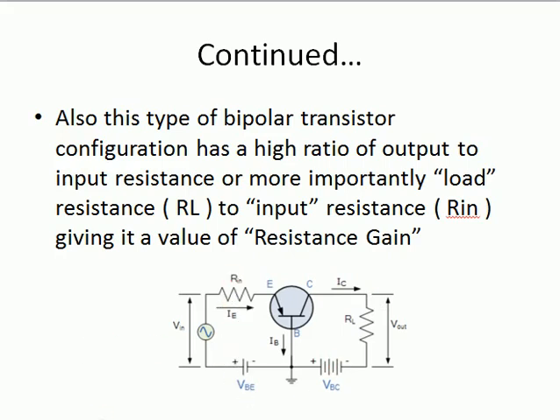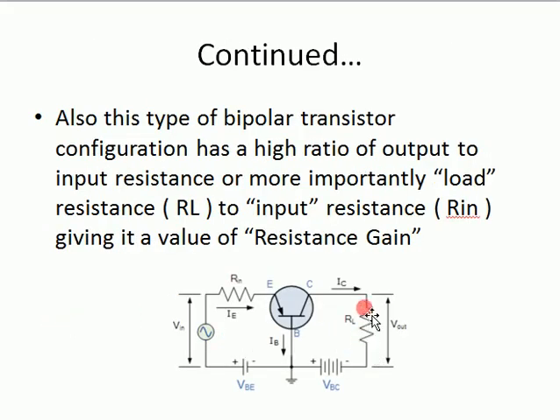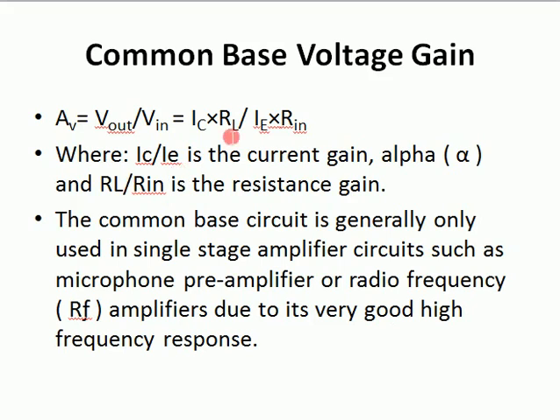So now we see what will be the voltage gain. So Av represents the voltage gain, that is equal to Vout over Vin. So what is Vout? We are taking the Vout across the load resistor and the current IC is flowing in it. So Vout is equal to IC RL. So that has been mentioned here.